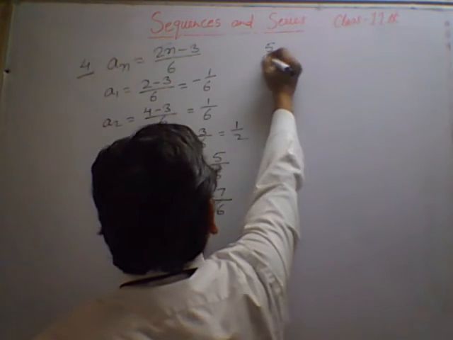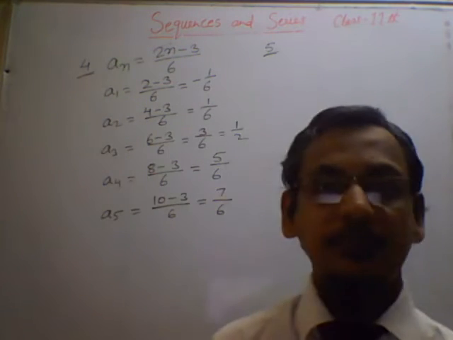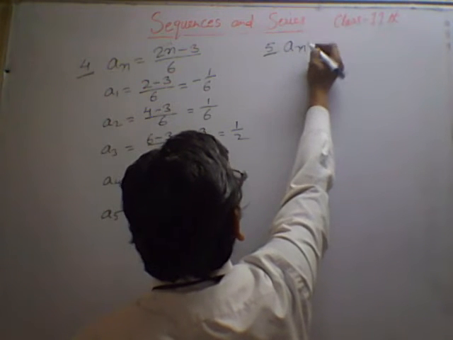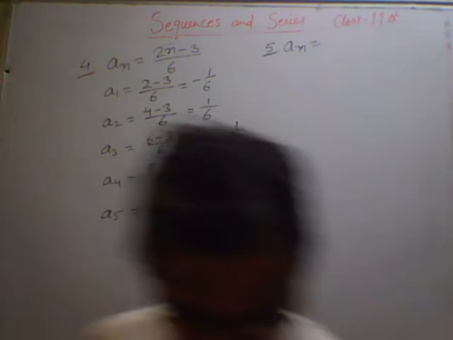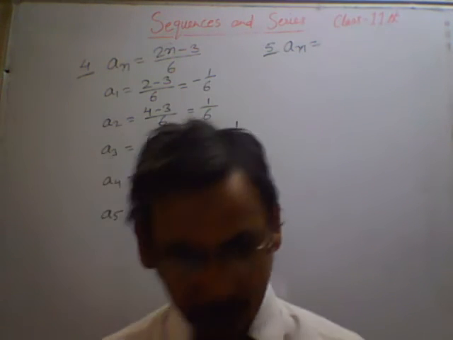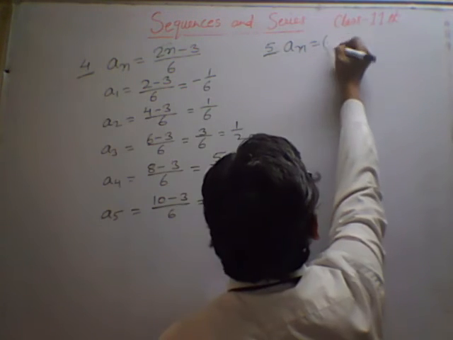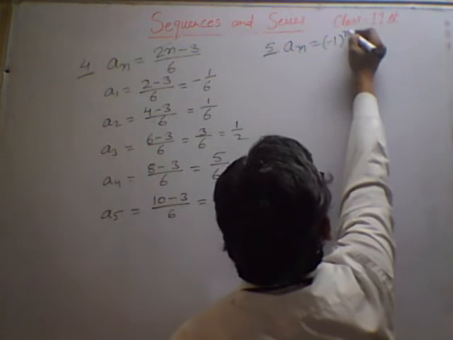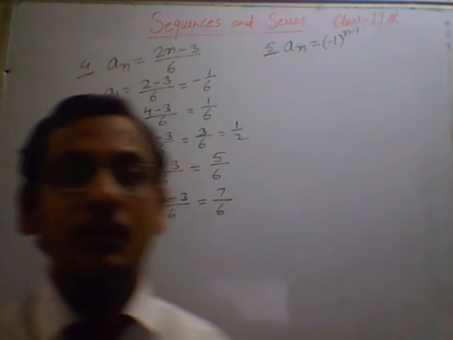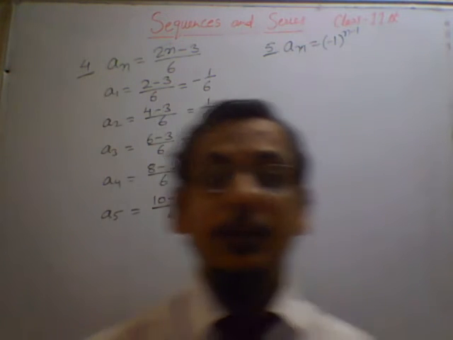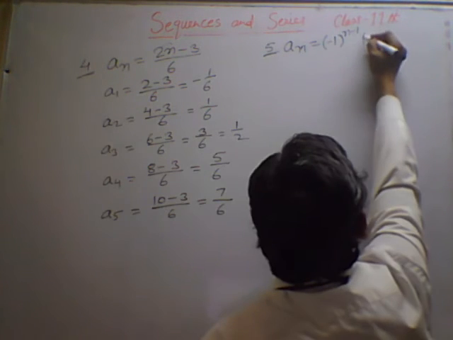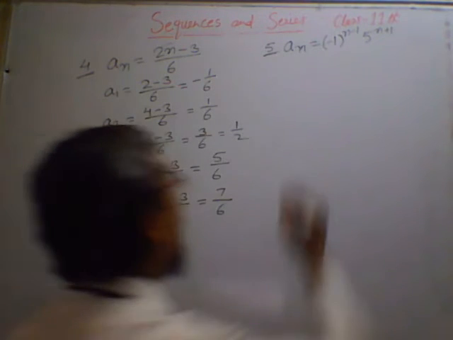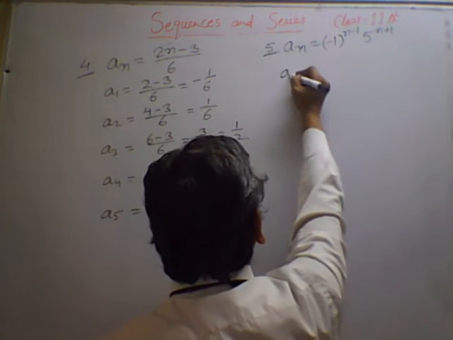Now question number 5. An equals minus 1 raised to the power n minus 1, over 5 raised to the power n plus 1. Now we will find a1 first.